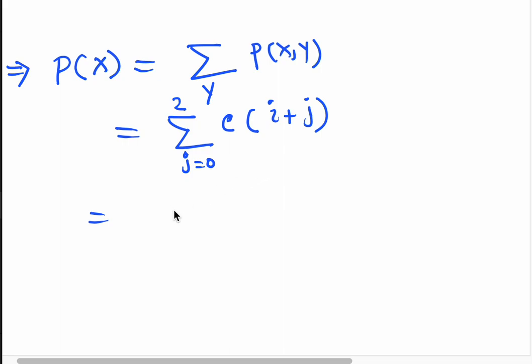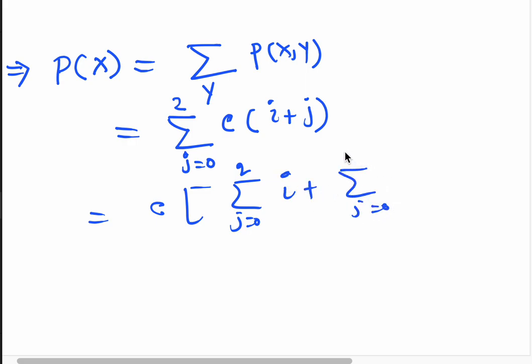You can see that in the first term we have, let me write it like this, c times the sum over j equal to 0 to 2 of i, plus c times the sum over j equal to 0 to 2 of j.